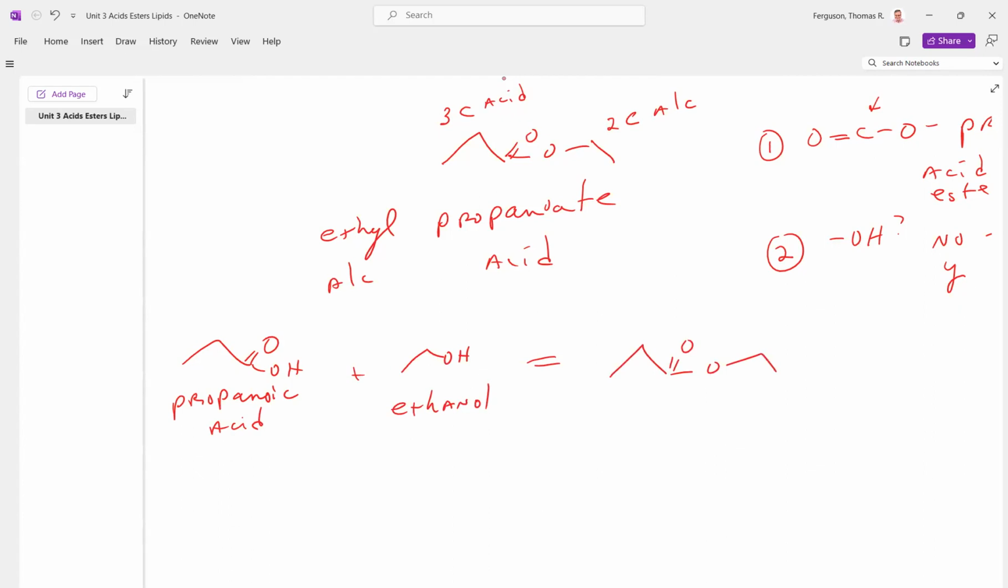And we get the ester. Okay, so that's one way. Acidic environment, heat. Okay, so that's one way.